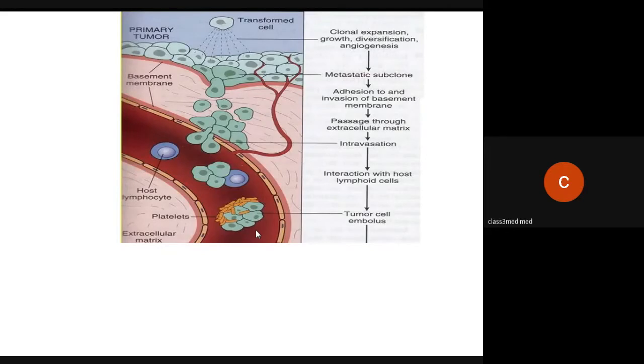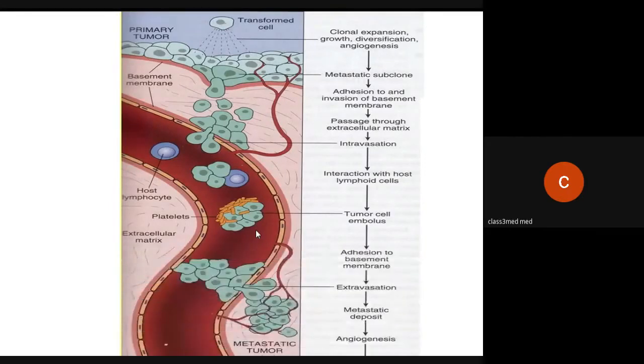And when it protects itself from the immune system, it should be able to reach the distant site and then extravasate, meaning leave the blood vessel or lymphatic vessel to the new site. And again, it should be able to accommodate at the new site and home there. It must adapt and settle here.